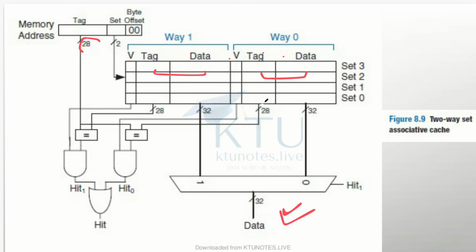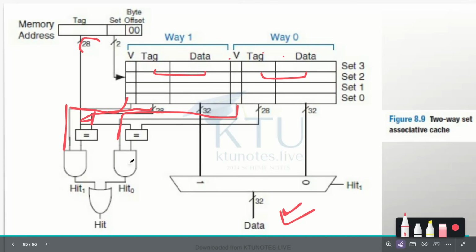Now for the tag, we check the tag in each way against the tag in the memory address to see if they are equal. In both of these we put the valid bit also, like we did previously in the direct mapped cache, with an AND gate for each. We see which gives a hit.